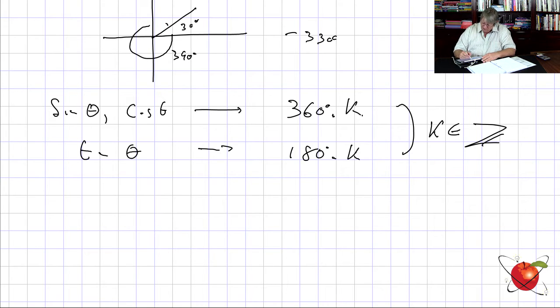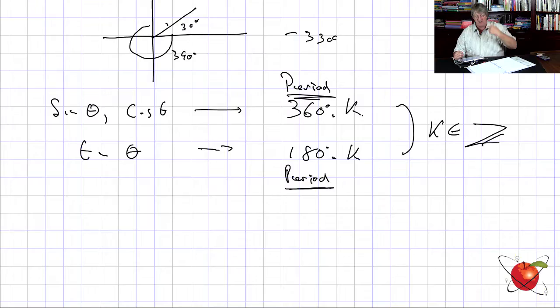Why? Because this is the period. In other words, we're just adding revolutions when it's going to repeat itself. That's all. Okay? There's a recipe coming for this lot.